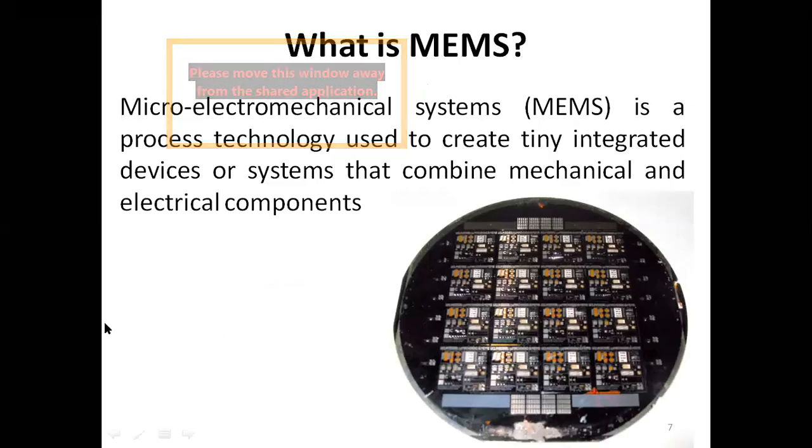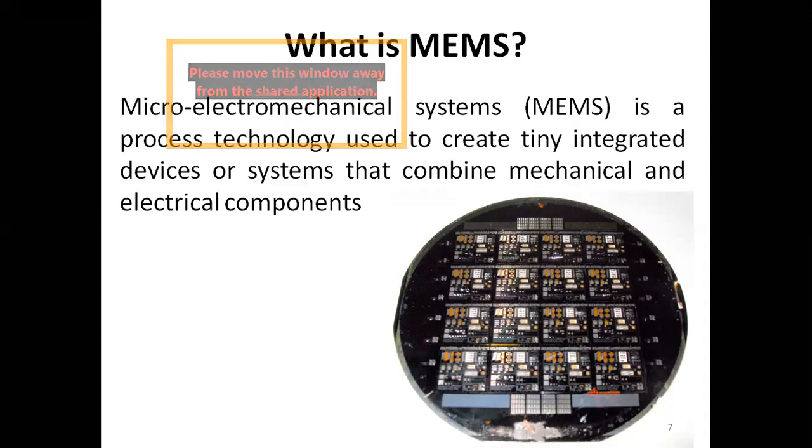What is MEMS? MEMS, that is micro electromechanical technology, is a process technology used to create tiny integrated devices or systems that combine mechanical and electrical components. In this technology, we fabricate sensors, actuators, and microstructures on a very small scale.